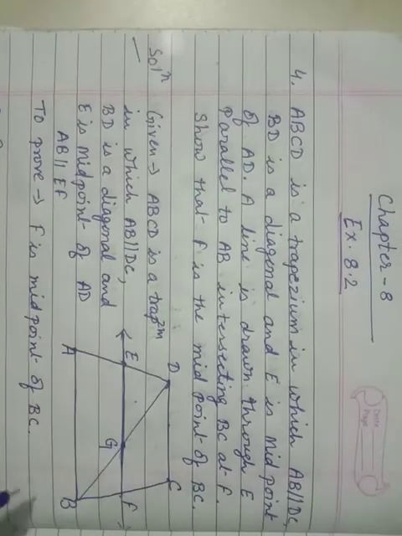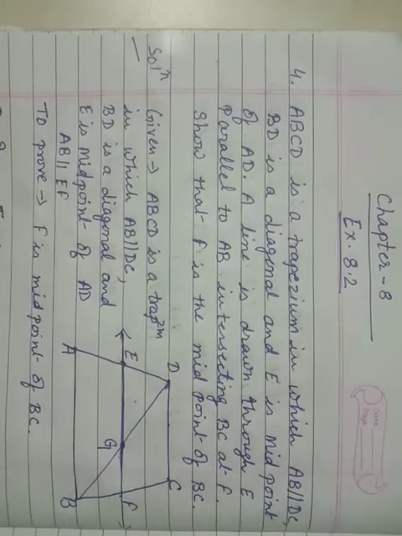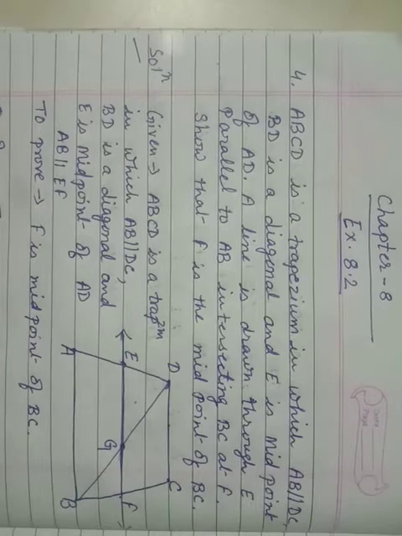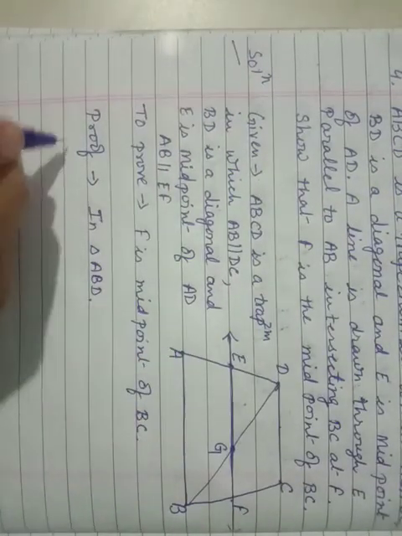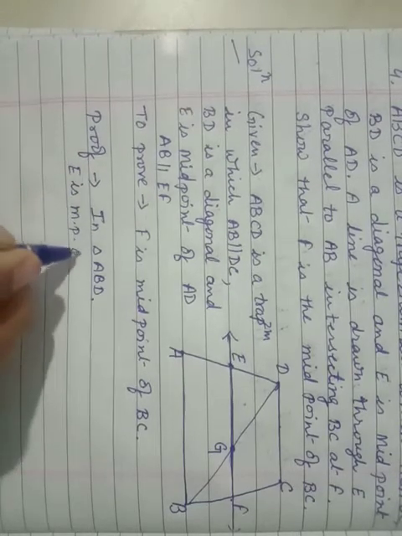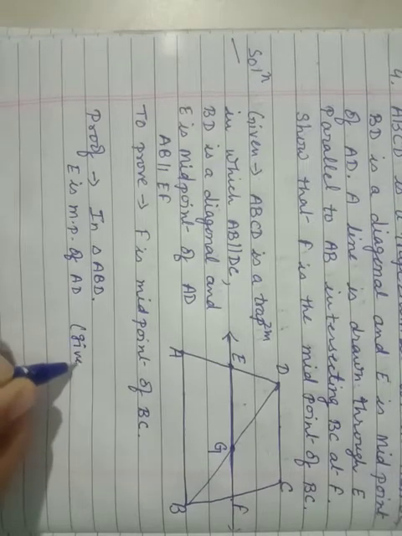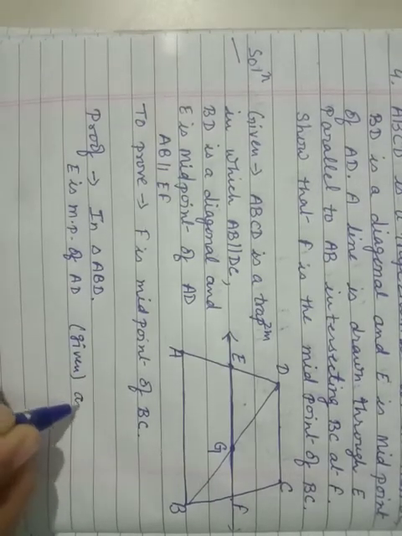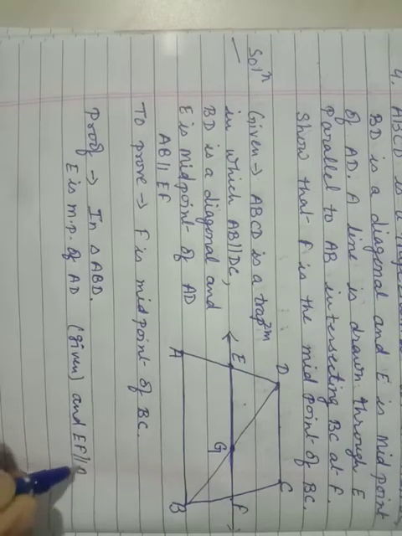So first of all, consider triangle ABD. In triangle ABD, E is the midpoint of AD, this is given, and EF is parallel to AB, given.